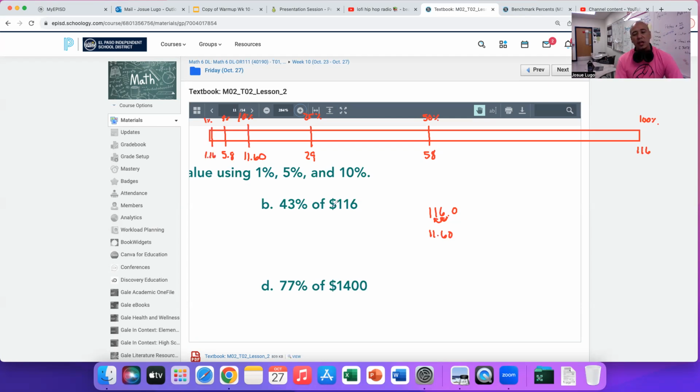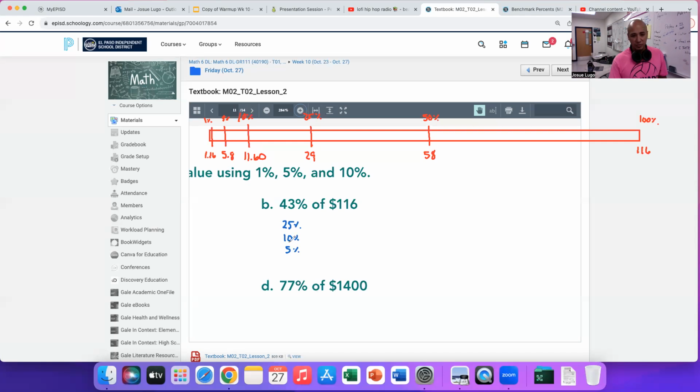Now I can use these percentages to build the percentage that I'm looking for. In this case, we're looking for 43%. There are multiple ways of doing that, but let's do 25% plus 10%. So now I'm at 35, plus 5%.